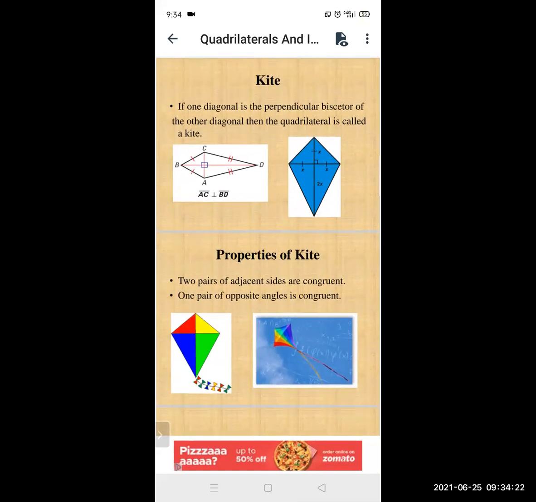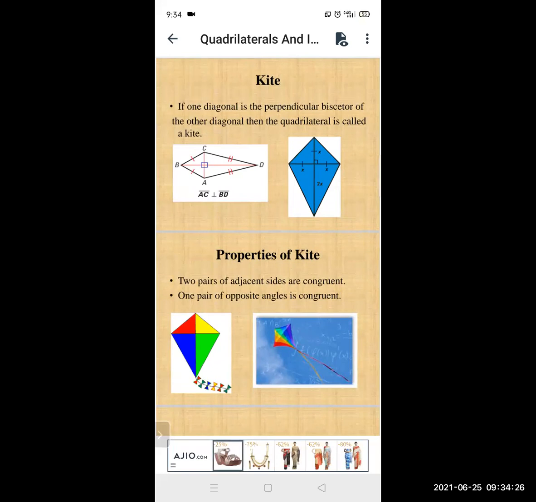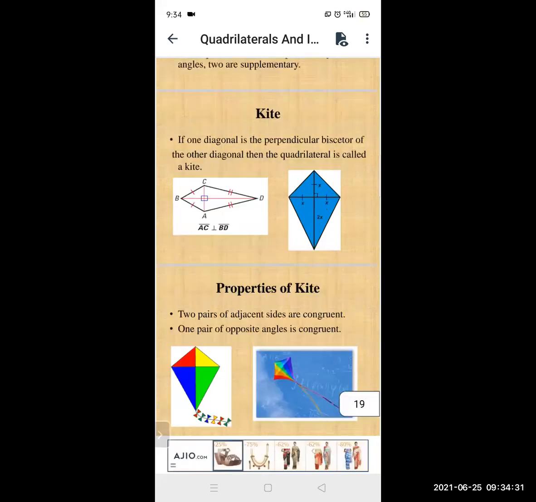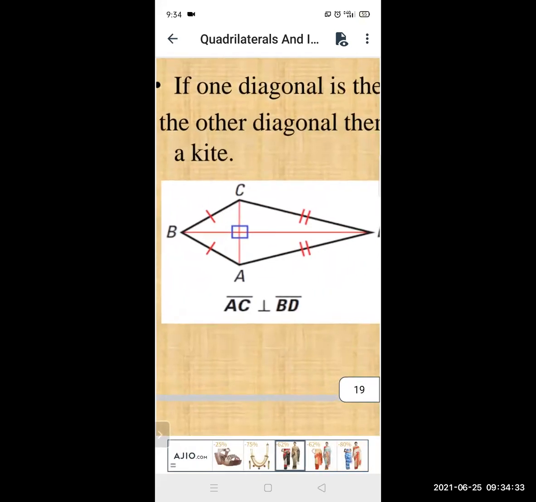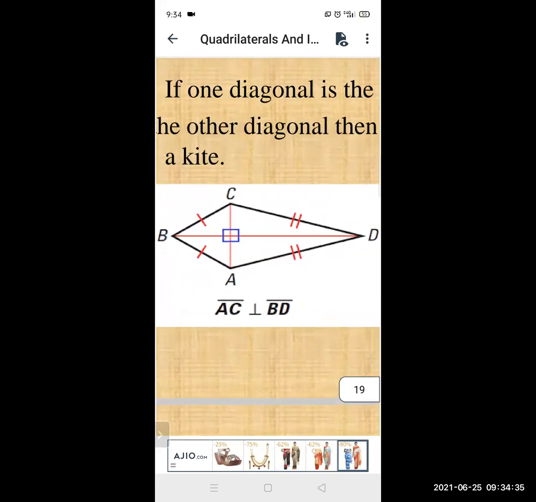The first is that two pairs of adjacent sides are congruent. As we can see in the diagram, ABCD is a kite, where AB and CB are the same sides, because only one line is drawn in each of them. So AB is congruent to CB.